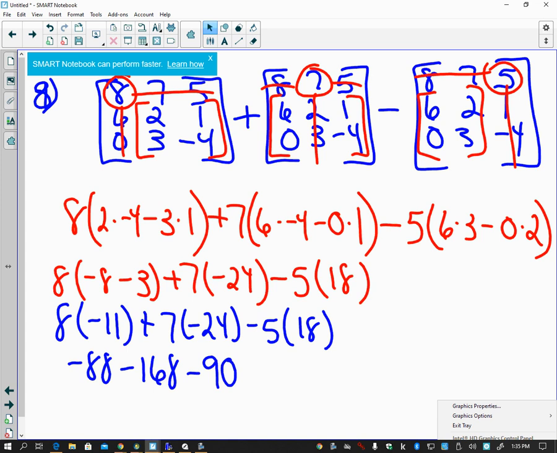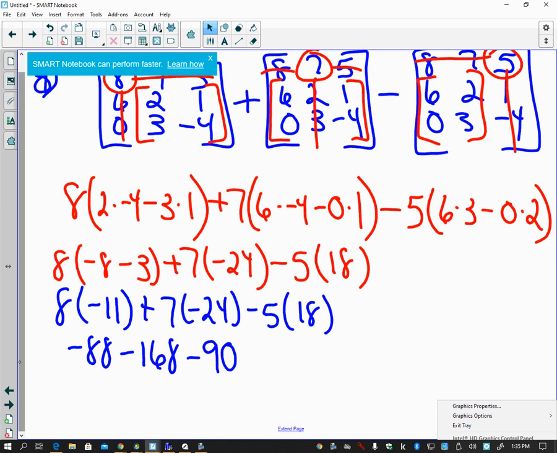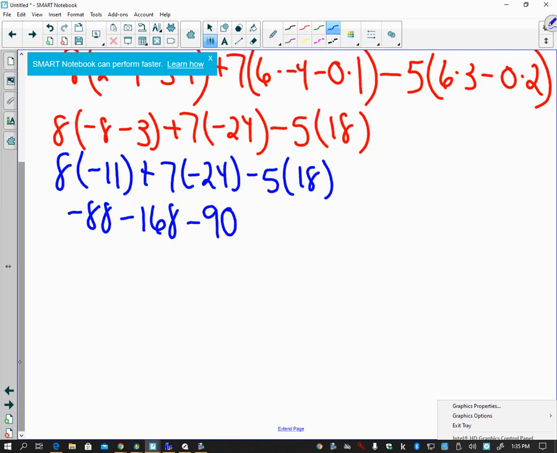So we're going to get a fairly sizable negative number here. Negative 88 minus 168 minus 90. Probably going to be somewhere around negative 300. Negative 346.